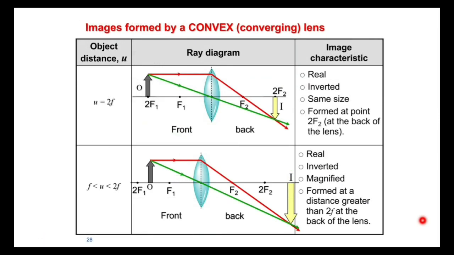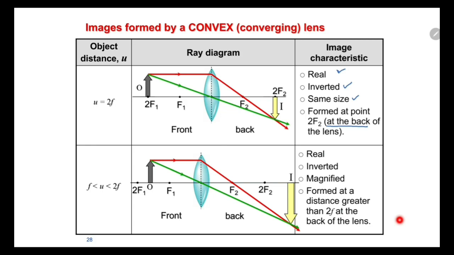Next, if you put your object at 2F, the image that you will get forms at point 2F, at the back of the lens or on the other side from the object. Therefore, the image will be real, inverted, and the same size.